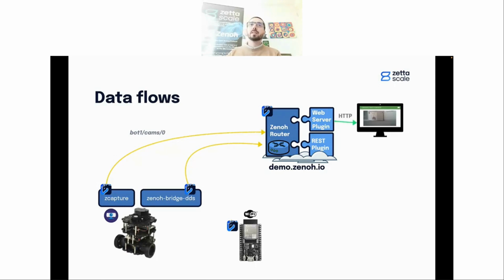But the commands from the microcontroller were not going to the Zenoh router in the cloud, but instead they were going directly to the robot. So as you can see, we don't need to have a broker or a central point of connection. So we can really go decentralized on our communications here.